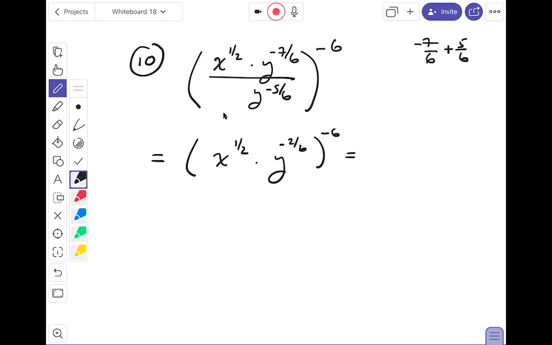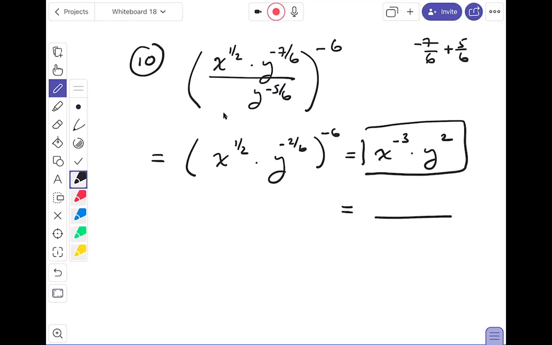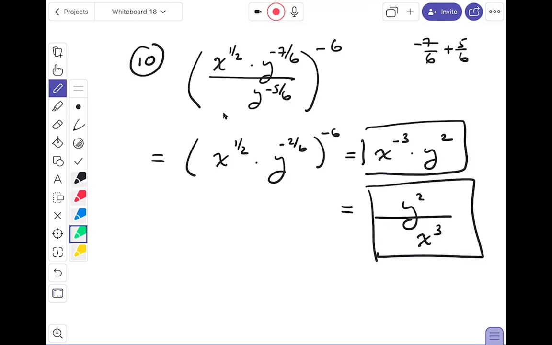All right, going to use my exponent rules. What do you get over here? 1/2 times minus 6 is minus 3. And minus 2/6 times minus 6 is going to be y squared. I don't mind that answer. But again, I want to point out, they want you to write as positive powers. Look at the answer key, see if you've got that. Both answers are listed.